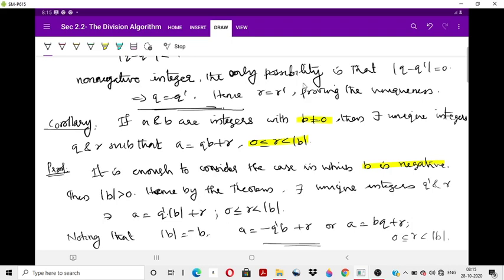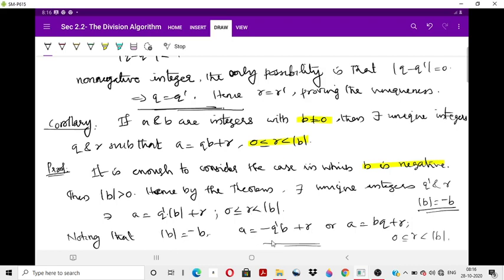So when b is negative, by definition of the modulus function, mod b is equal to minus b. Substituting that in, we have a equal to q dash into minus b plus r, with 0 less than or equal to r less than mod b.